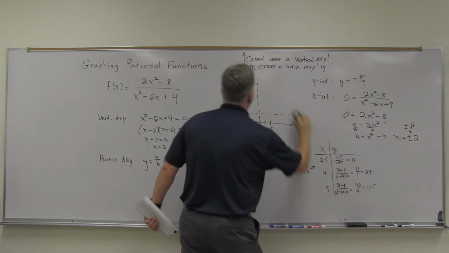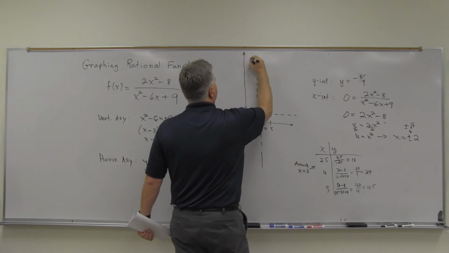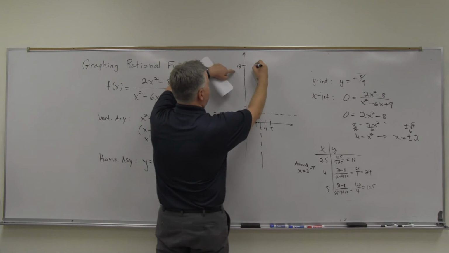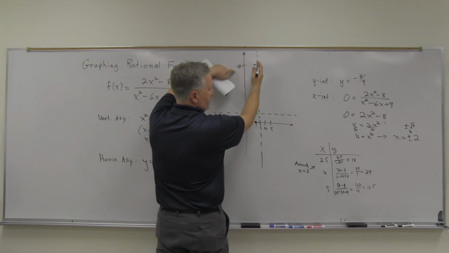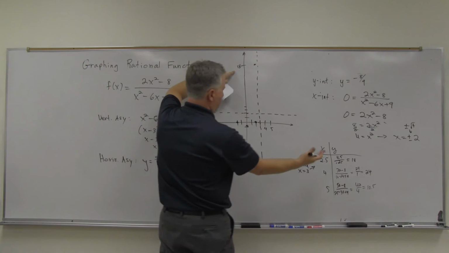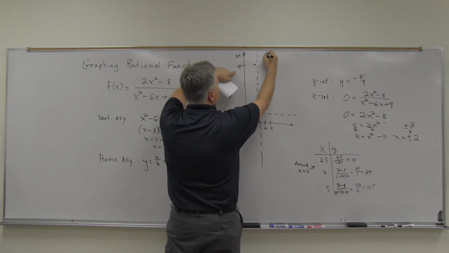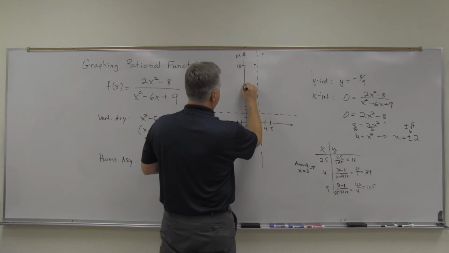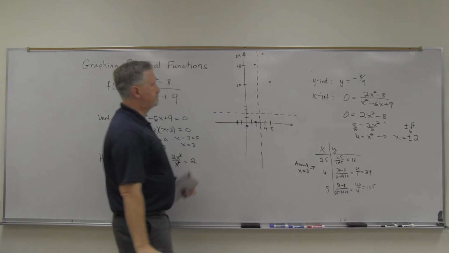At 2.5, I'm at 18, which is just on this side of the vertical asymptote. At 4, I'm at 24, so it's even further up. And at 5, I'm at 10.5, so let's say about 10, right about there.